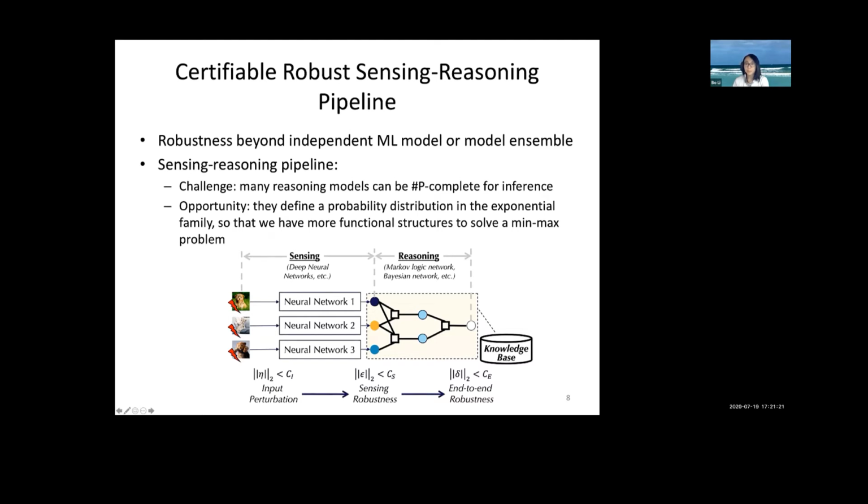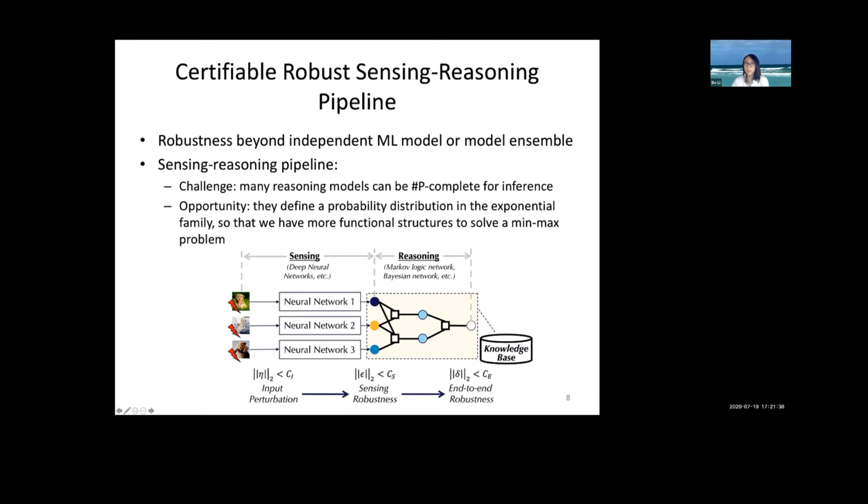Those Boolean variables can be sent to the reasoning component, which will use this set of Boolean random variables in the statistical reasoning models, and then produce the final output, which is also a set of Boolean variables.